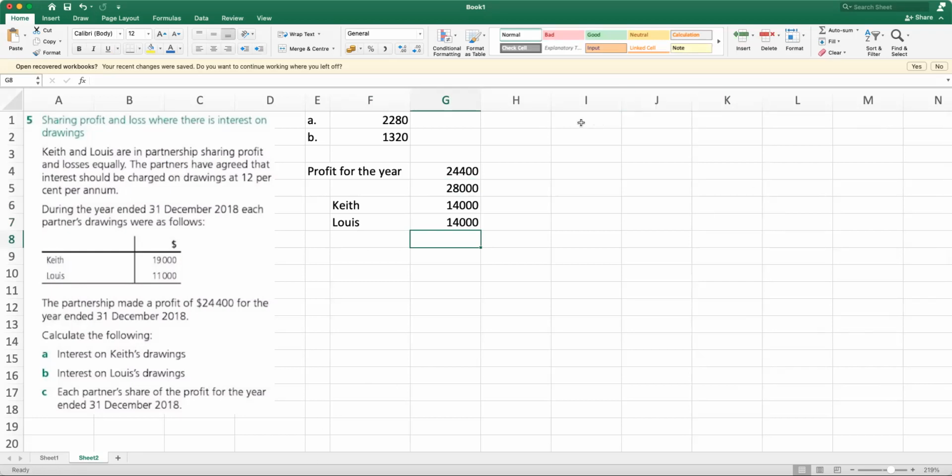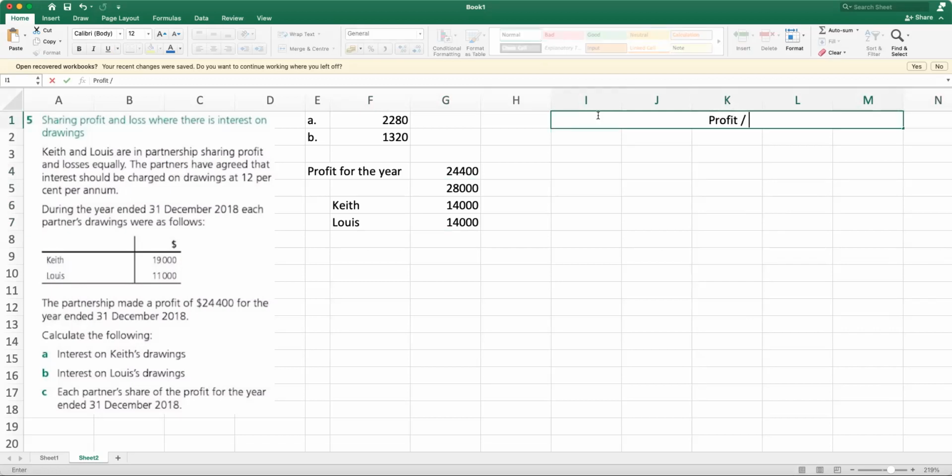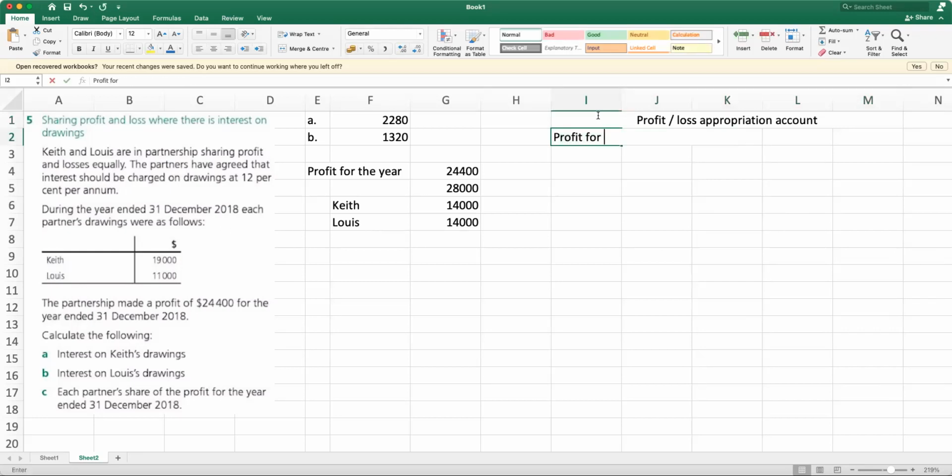But if you want to do it in our appropriation account, how do you do it? I'll just show it to you here. Profit or loss appropriation account. First, we have profit for the year, so we can see we have 24,400. Need to add interest on drawings.